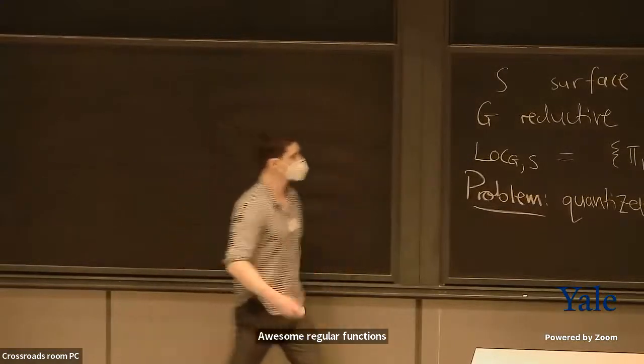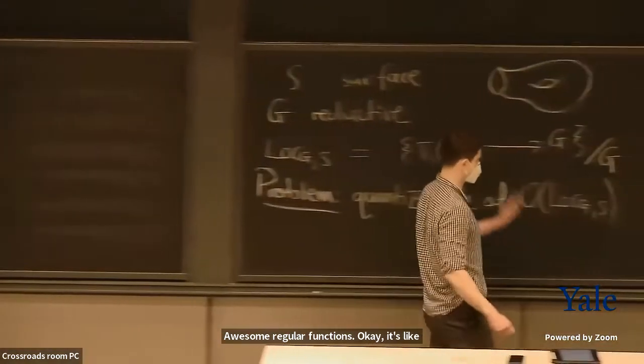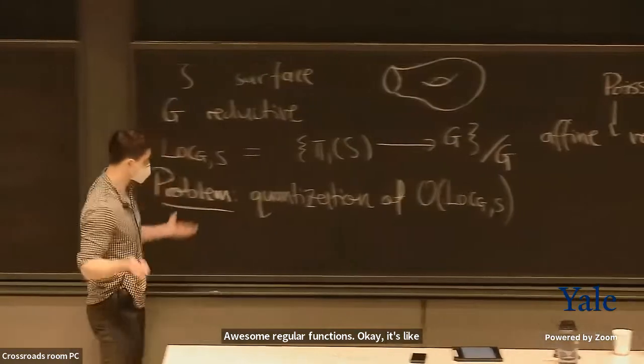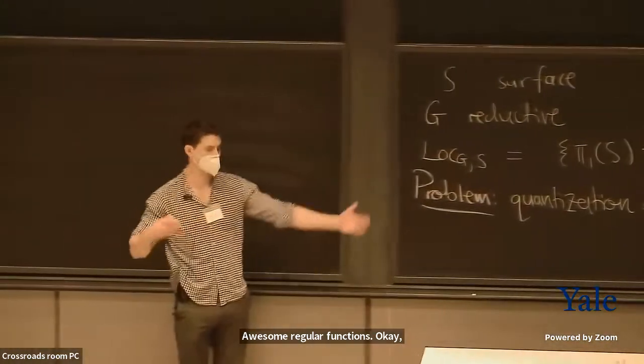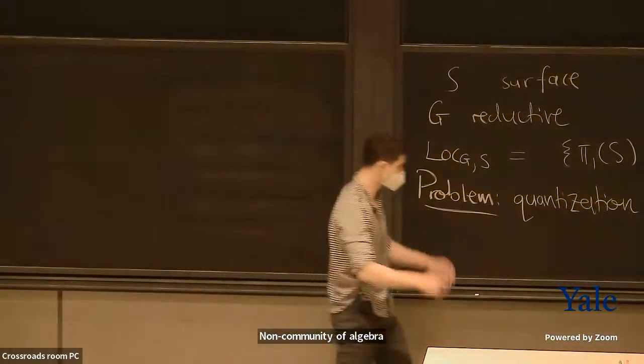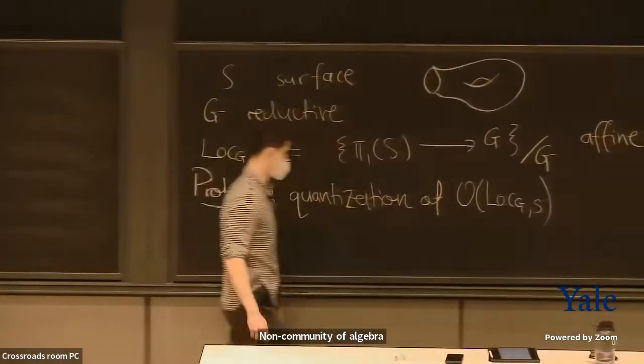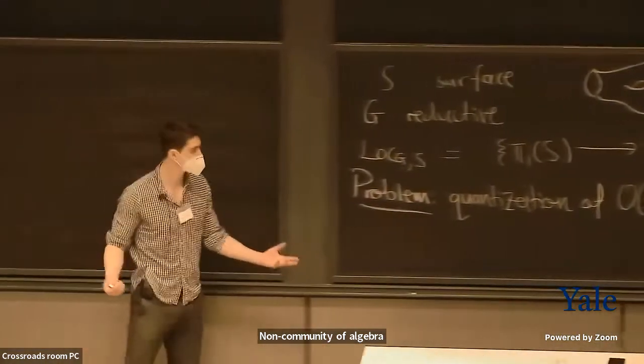So a deformation of this to some non-commutative algebra, such that we recover the Poisson bracket on the special fiber when it becomes commutative.